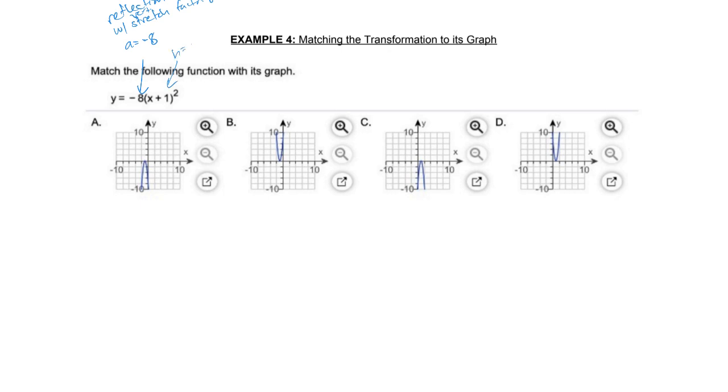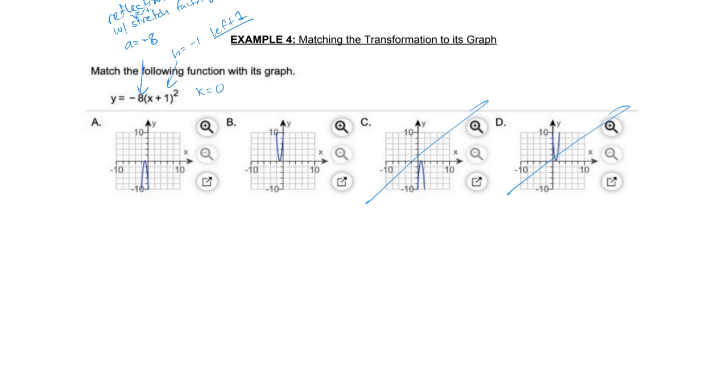Our H is -1, so we're going left 1, and our K is 0. So we need to move our vertex left 1. So this is wrong, this is wrong. A and B, they both move left 1.